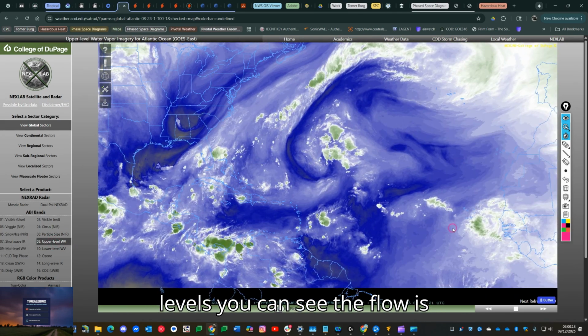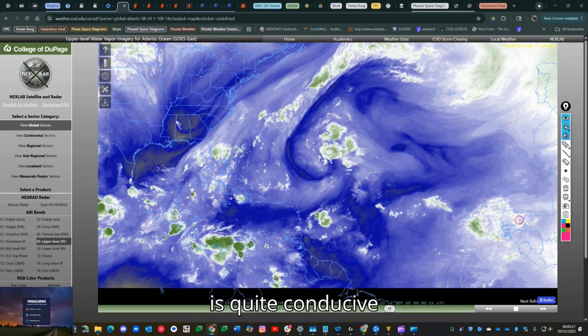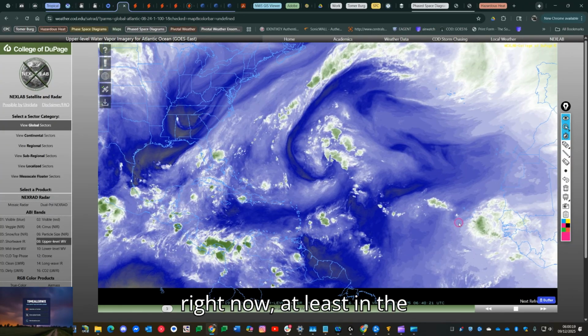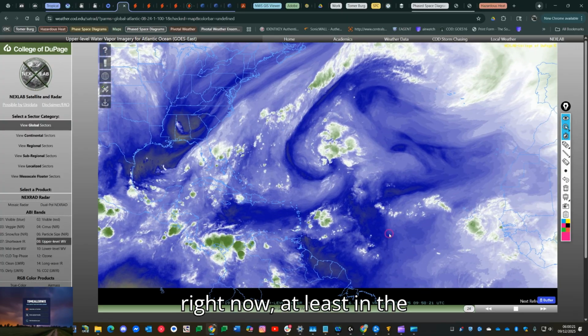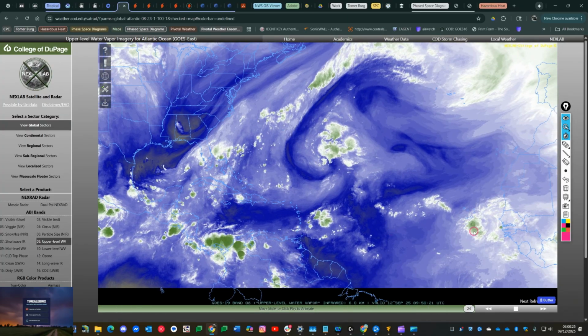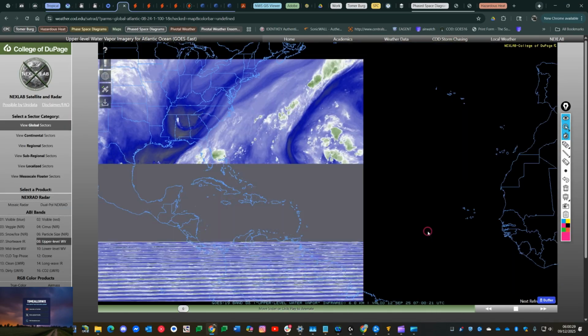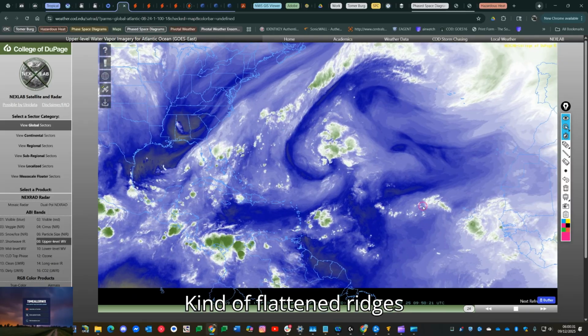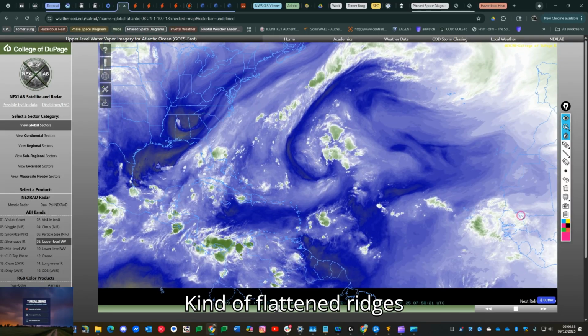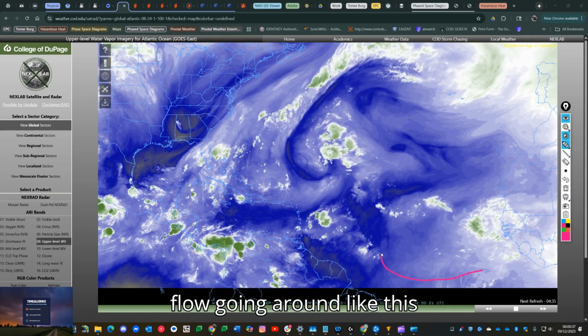At the upper levels, you can see the flow is quite conducive right now, at least in the eastern part of the main development region. Looks like a kind of flattened ridge is here, if you will. The flow going around like this.